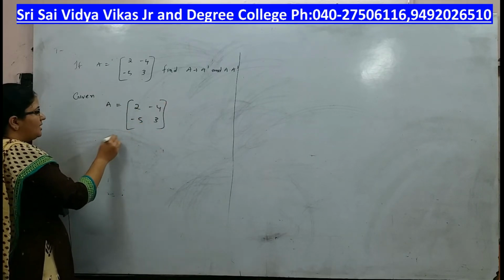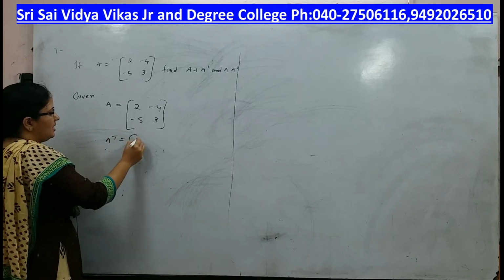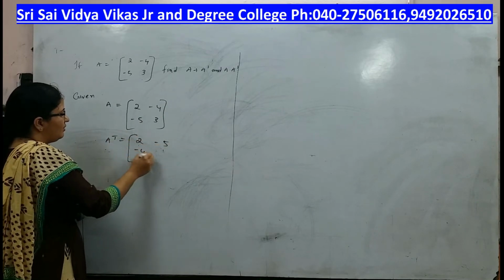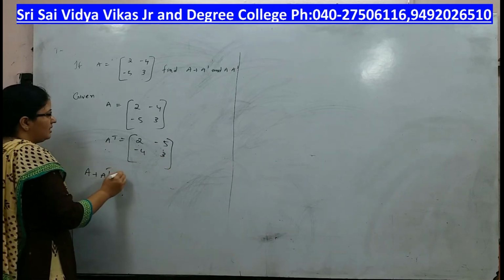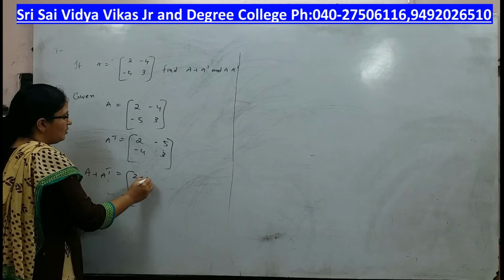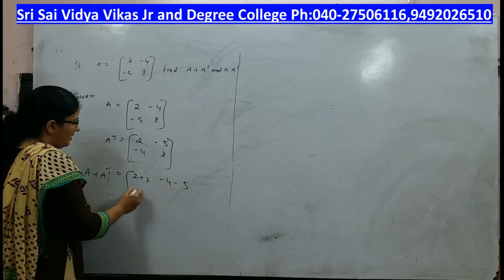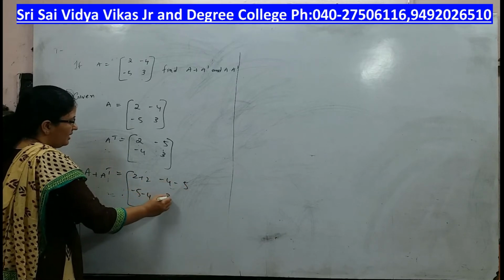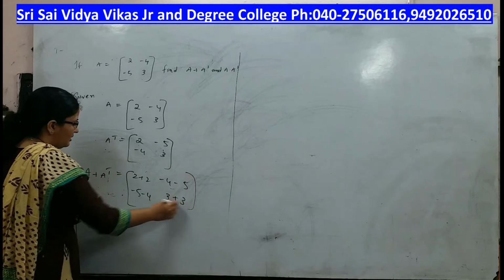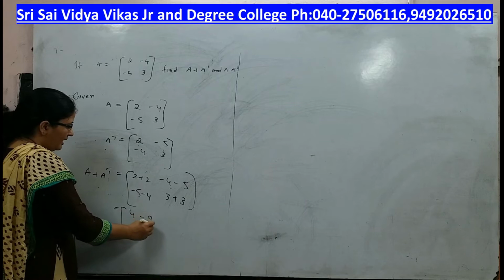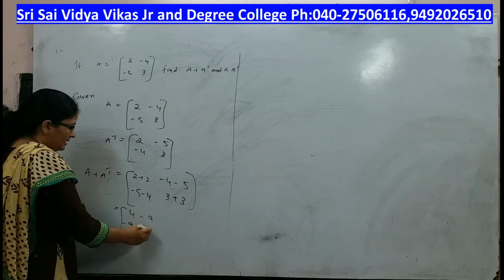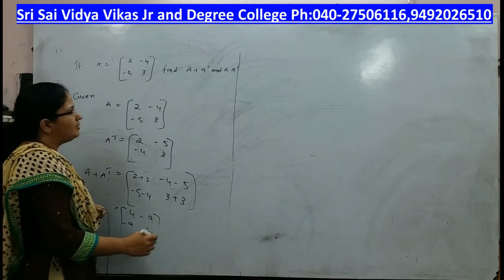What will be A transpose? Write the columns as rows: 2, minus 5, minus 4, 3. A plus A transpose: 2 plus 2, minus 4 minus 5, minus 5 minus 4, 3 plus 3. So that is 4, minus 9, minus 9, 6. That is A plus A transpose.